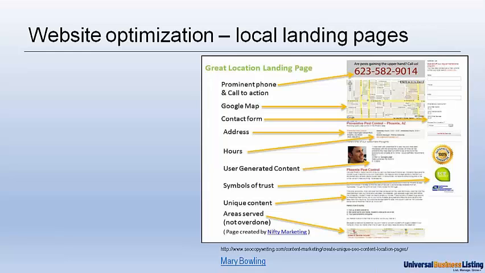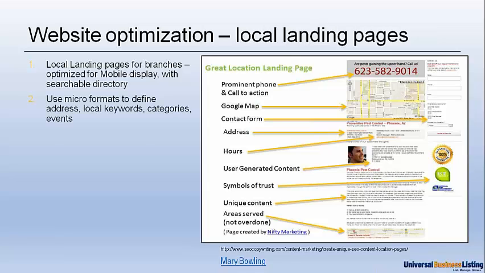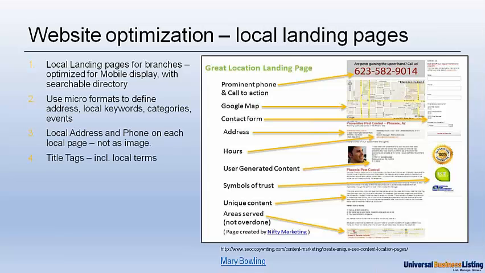I'm nearing the end now, and I wanted to come close to it with some notes on website optimization, which is an important factor. Here is Mary Bowling's concepts of how to create a good landing page, but there are technical things to look at, and I've listed them on the left here. Clearly, you can use microformats, make sure the local address and phone is on each page.